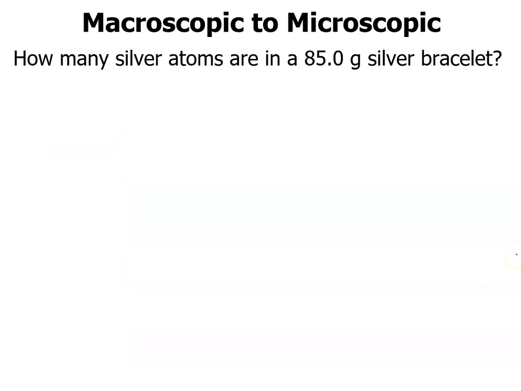Again, let's go back and look at some of these questions where we want to determine something, and we're going to change this to how many. Before, in the last examples, we were looking at how many silver molecules. We were looking at how many moles before. Now we want the number of atoms.